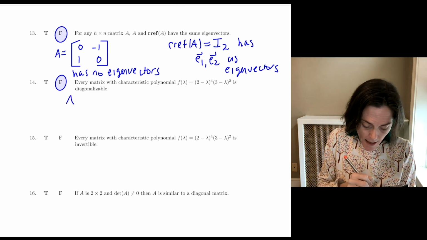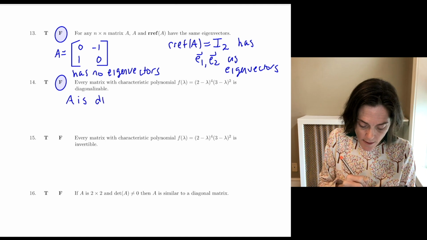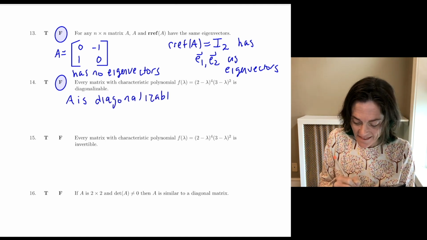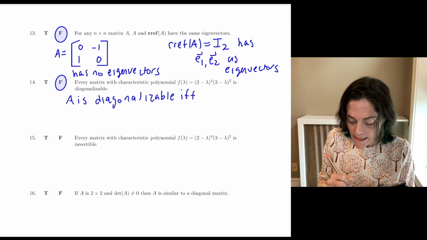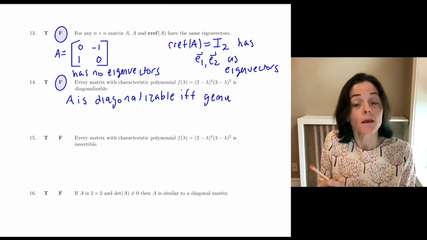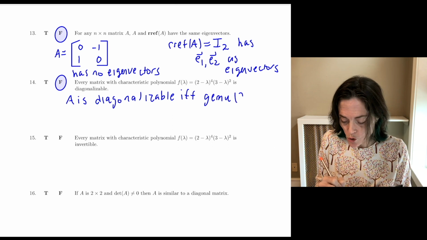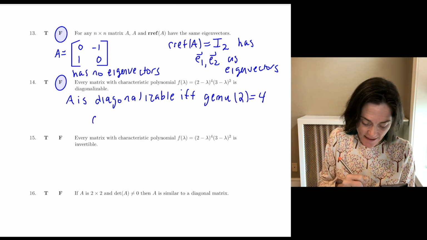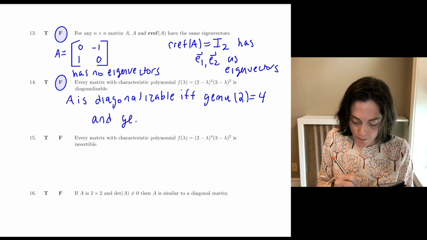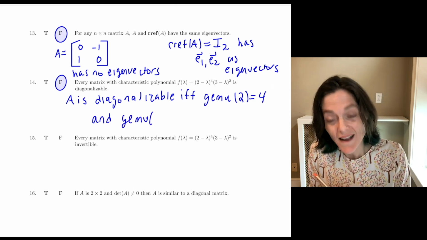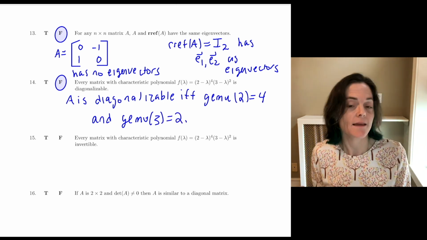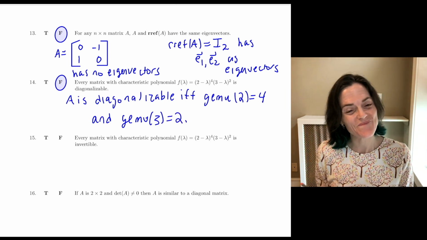Let's say A is diagonalizable if and only if the geometric multiplicity of eigenvalue 2 matches the algebraic multiplicity and the geometric multiplicity of eigenvalue 3 matches the algebraic multiplicity, and that certainly doesn't have to happen.